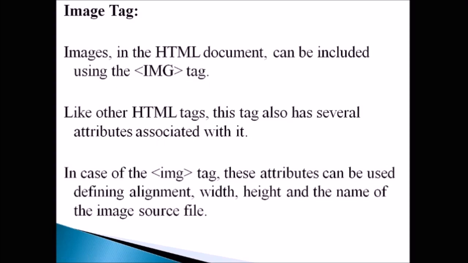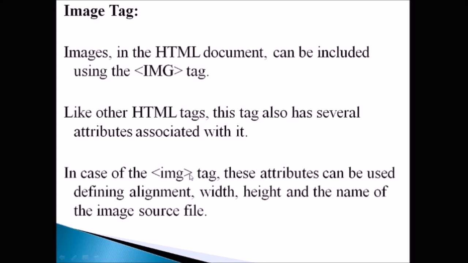In case of the img tag, these attributes can be used for defining alignment, width, height, and the name of the image source file. Okay, as we said earlier, every tag has its properties, isn't it? To mention the property, all the properties should be given within the tag itself. If we use the image tag, the properties of the image tag should be given within this tag itself.